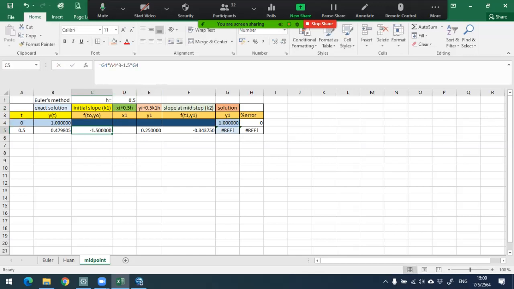This is the initial slope, that's already done and correct. After that, x plus 0.5h is equal to what? Actually, in this table it should be t, right? It should be t plus 0.5h.